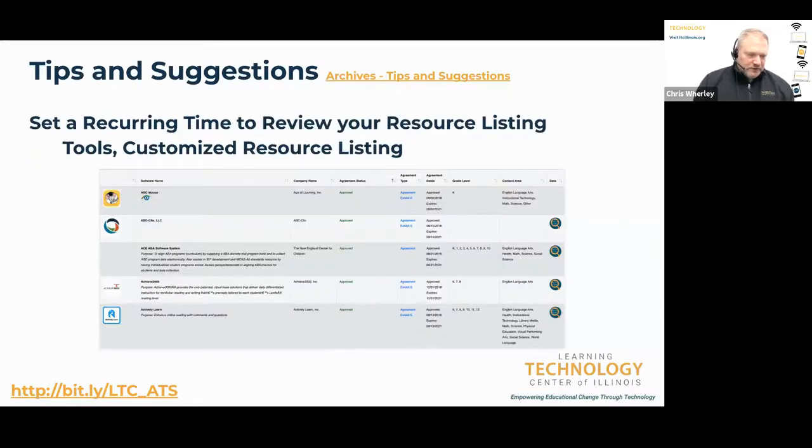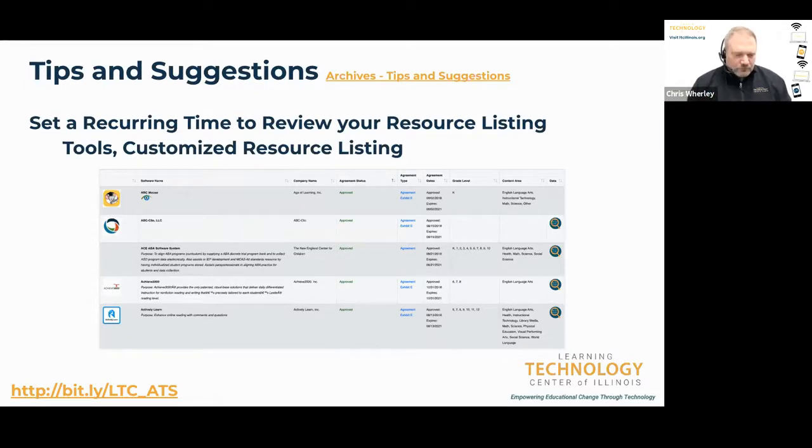Another thing is just a suggestion, and it's not something that is necessary, but I think it's going to be a good habit to set a recurring time to review what's listed on your public facing resource list, because that's the best way to see what other people are going to see.